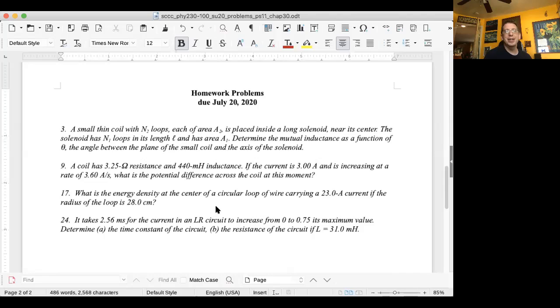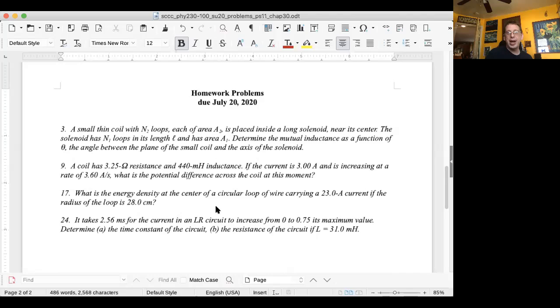And keep in mind how you figure out the flux through the small coil. Again, this is another problem where you could figure out the mutual inductance two different ways, but you should get the same answer either way you do it.